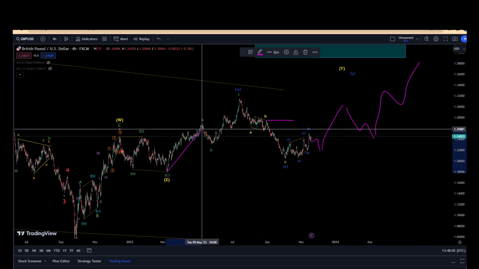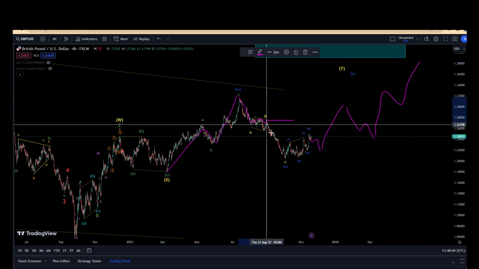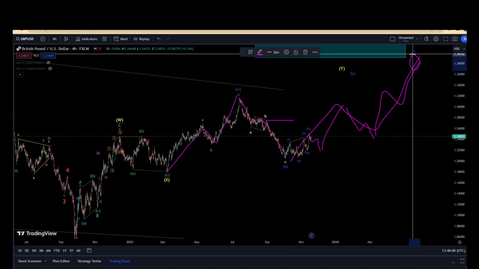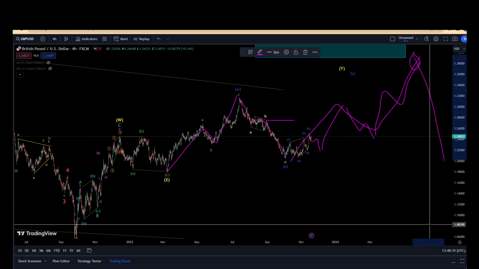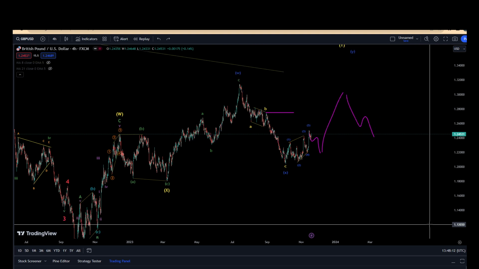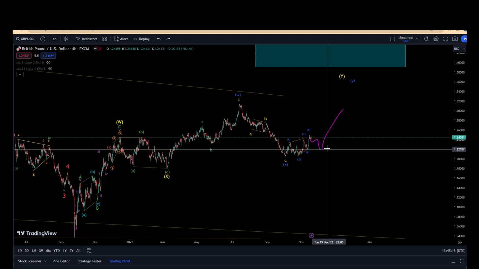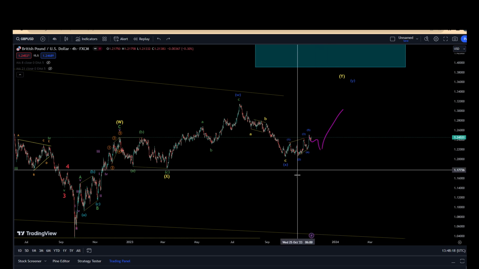Similar to this: one, two, three, one, two, three here. Then we get a one, two, three towards the upside, then from there bearishness coming in. So long term, I'll say towards the upside. Short term, quite bearish, to complete that wave B or that wave two.